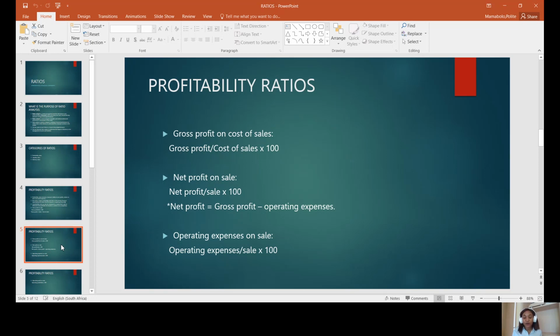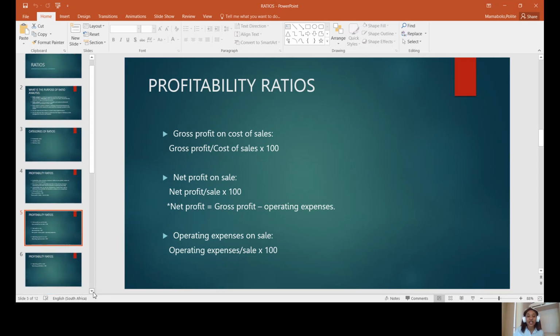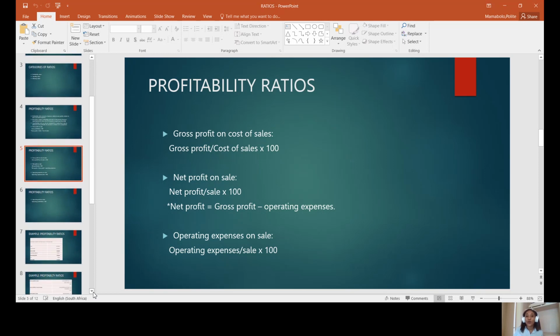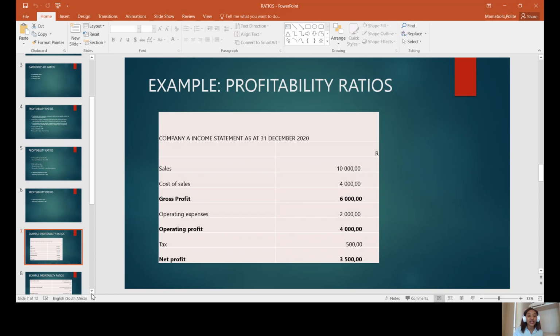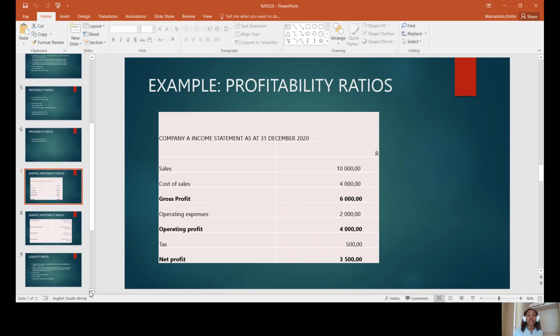We have net profit on sales, which is your net profit over sales multiplied by 100. Your net profit is your gross profit minus the operating expenses. The last one that we'll be covering is operating profit on sales, which is operating profit over sales multiplied by 100. This is an example of profitability ratio.